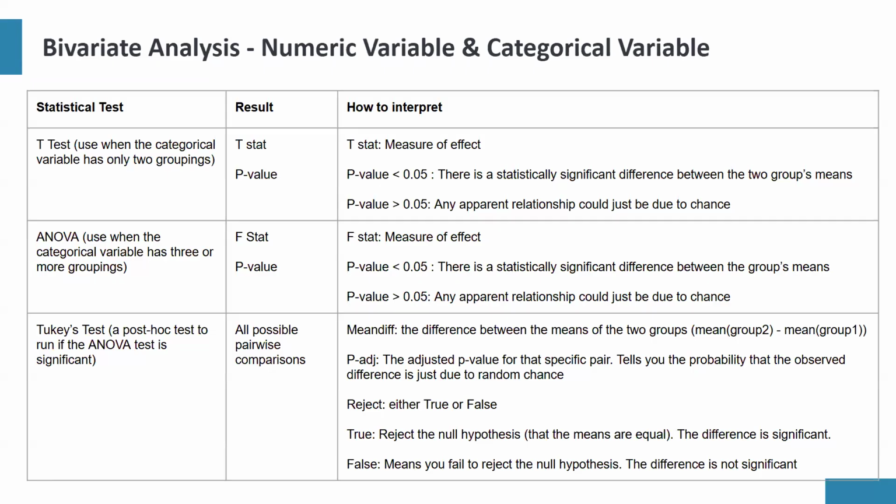If I want to look at the averages between section 1, section 2, section 3, and section 4, and see if there's a statistically significant difference there, what test do I run? ANOVA, because now I'm looking at 4 groupings. It returns an F-stat and a p-value. Same thing: if that p-value is less than 0.05, the results are statistically significant.